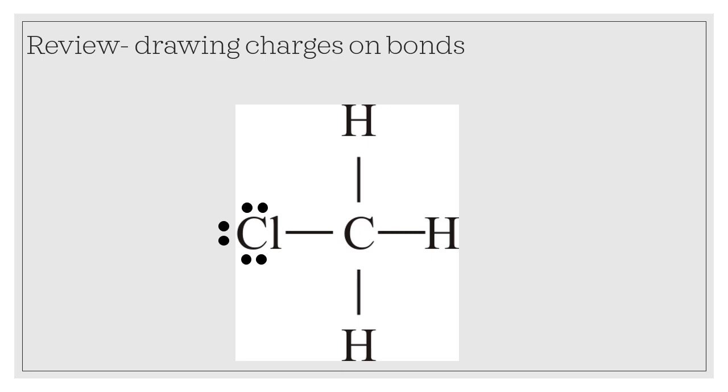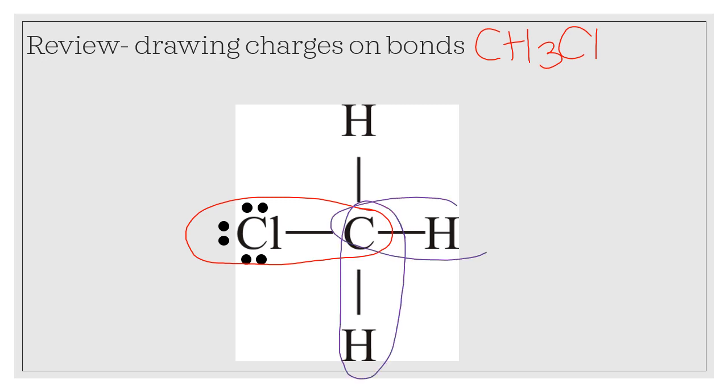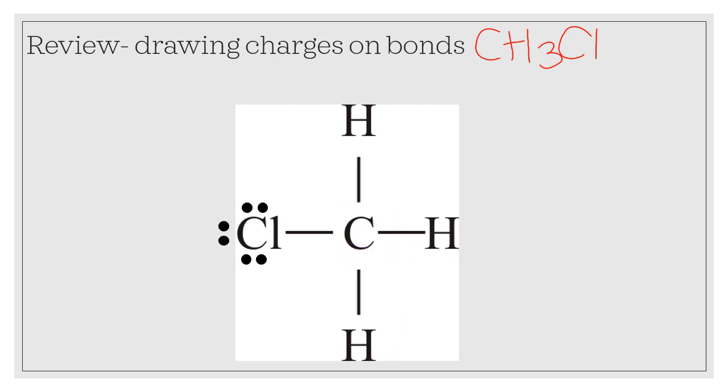If I were to do this for, here's a new structure, CH3Cl. So we've got 2 types of bonds here. We've got a carbon and a chlorine bond, and then we have a carbon and a hydrogen bond. And there are 3 of those. So different types of bonds to think about this time.